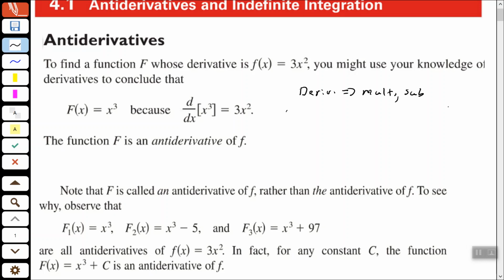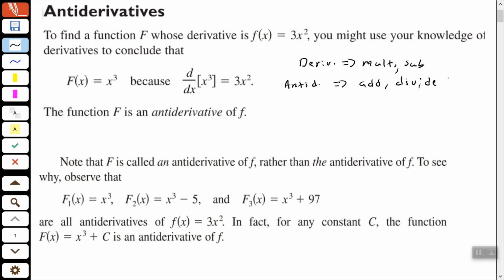So the antiderivative would go in just the opposite direction. We would add 1 back to the exponent and then we would divide. So it's just going back the opposite way. And that's the basics of the antiderivative, the power rule. So you're just going back opposite.